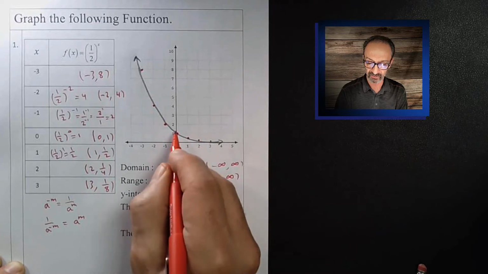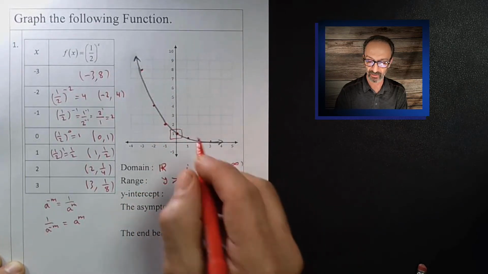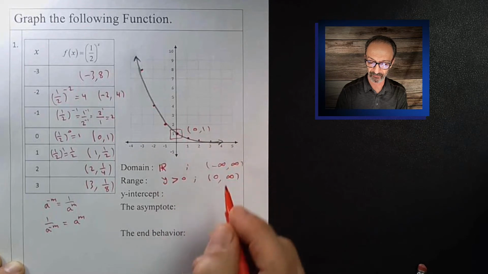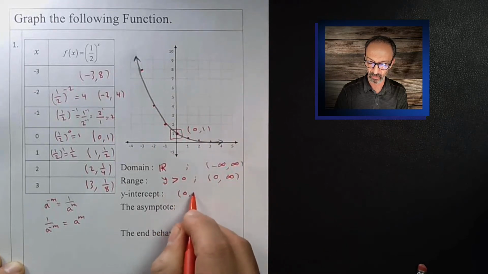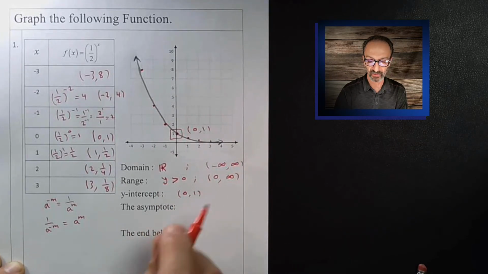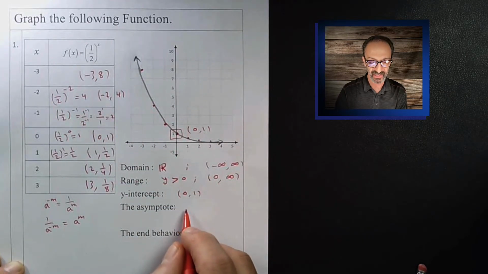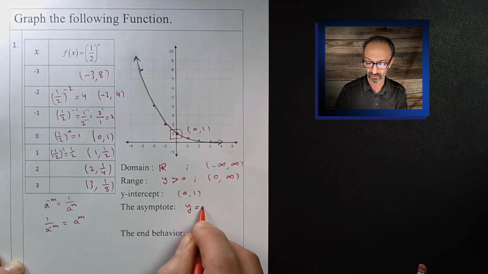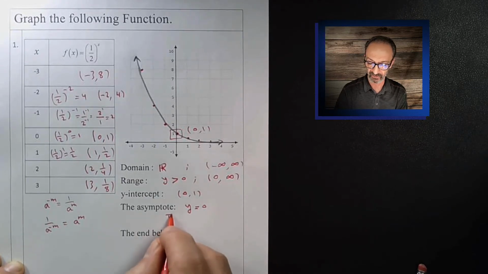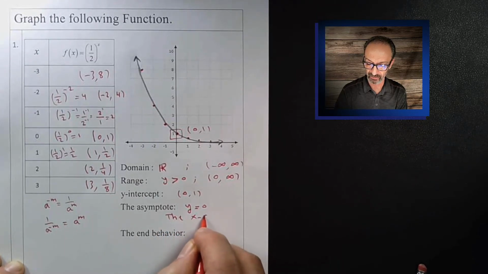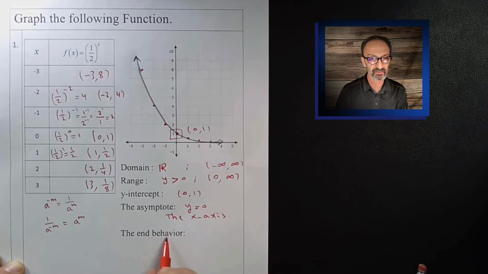The y-intercept, that's this point right there, which is 0, 1. The asymptote, we only have a horizontal asymptote. We don't have a vertical one, which is the x-axis, or y equals 0. Let's write also the end behavior.